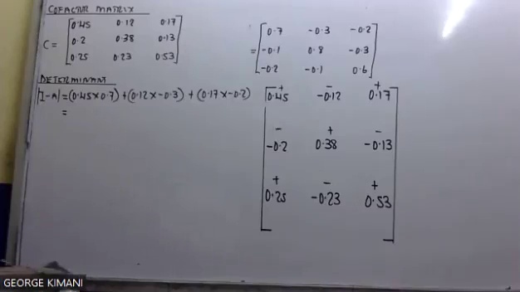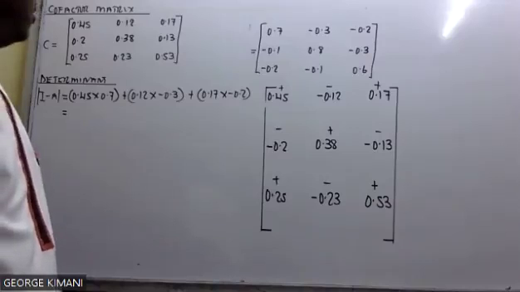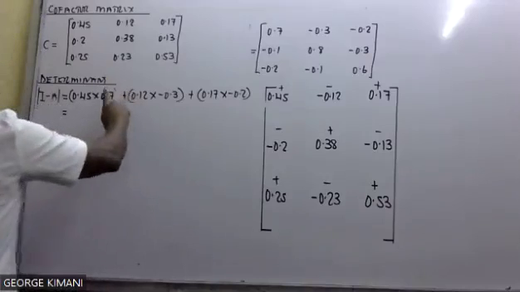Because it's 0.45, yes. Let me just do the brackets. 0.45 times 0.7, close bracket. Add 0.12. Open the brackets first.